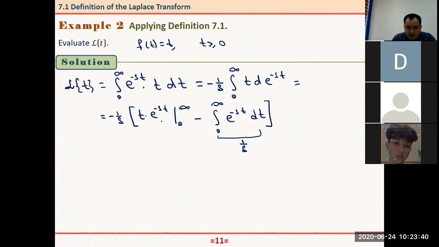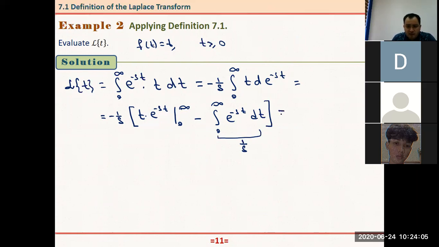And how about this limit? As you see here, if s is positive, when t goes to positive infinity, here we have t over e to the power st. If s is positive, this grows exponentially, much faster than t. And when t is equal to 0, it is also equal to 0. So here we have 0.